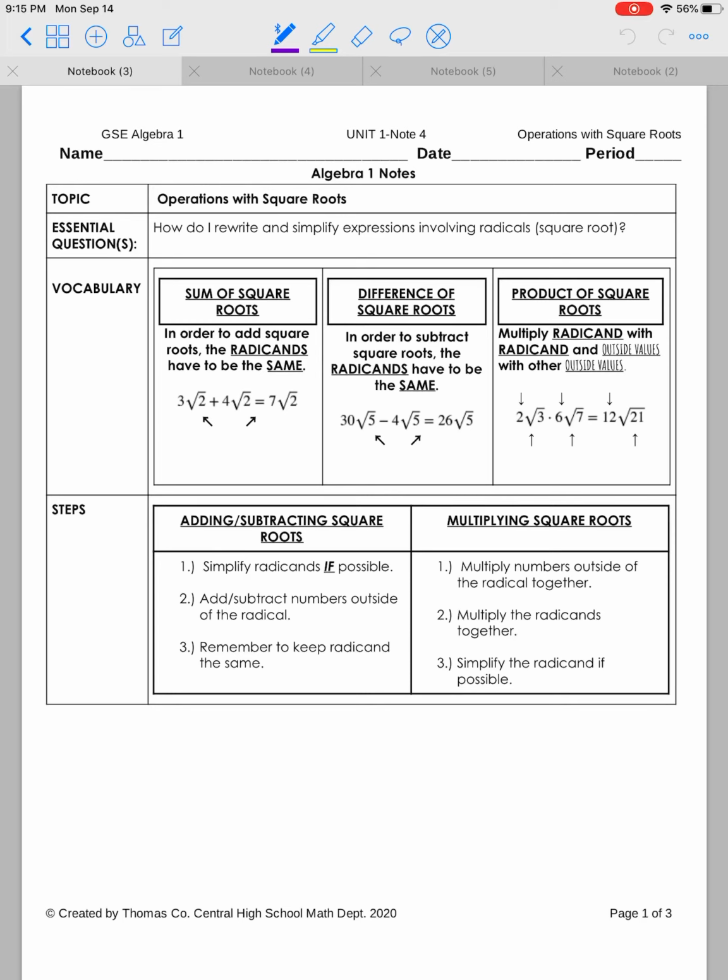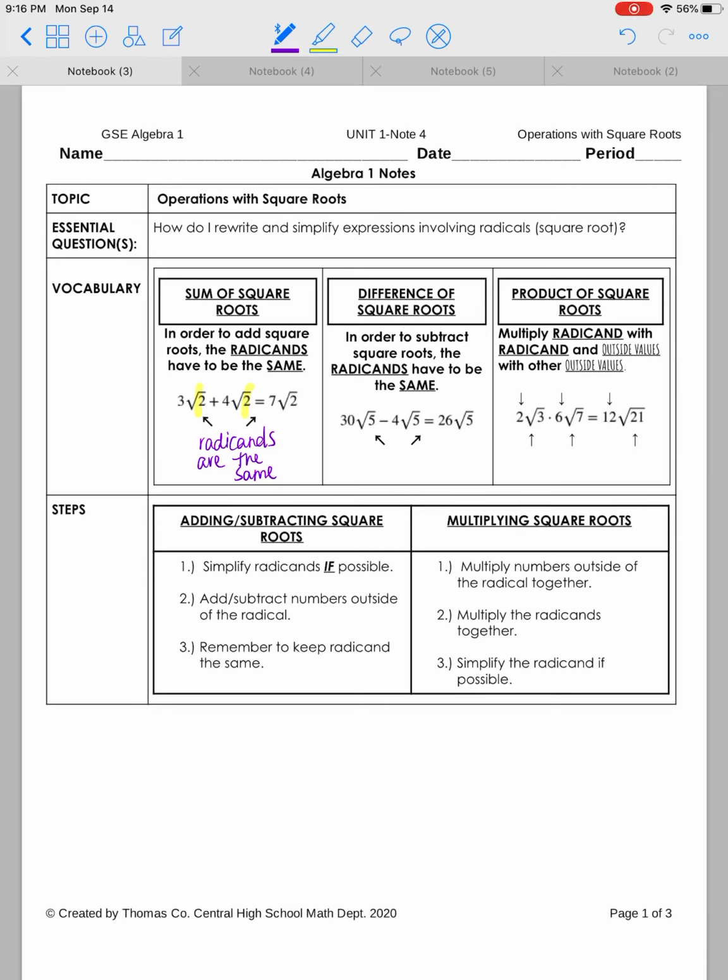So I'm going to look at that radicand, the number under the square root sign, and it is the square root of 2 on both of these. So the square root of 2 and the square root of 2, they are both the same. Those are my radicands. Are the same, so we're good there.